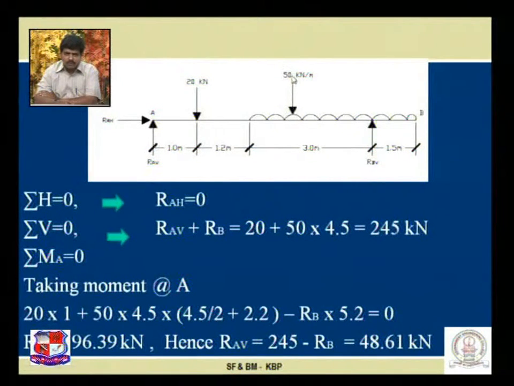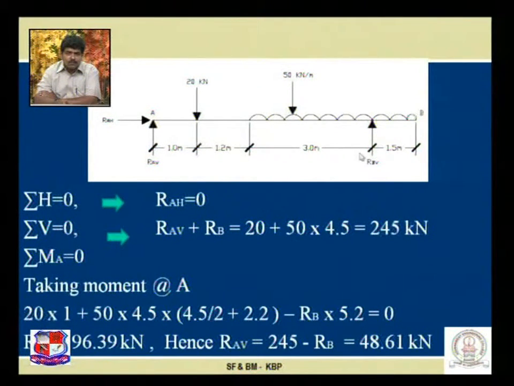Another force is the 50 kilonewton per meter, which is the UDL. So 50 into 4.5 is the total load, multiplied by 4.5 by 2, that is the CG distance, plus this one, that is 1.2 plus 1, that is 2.2.